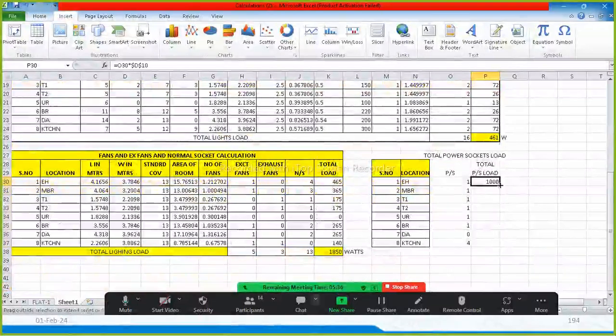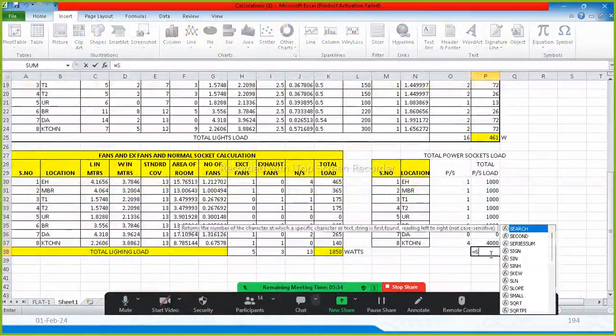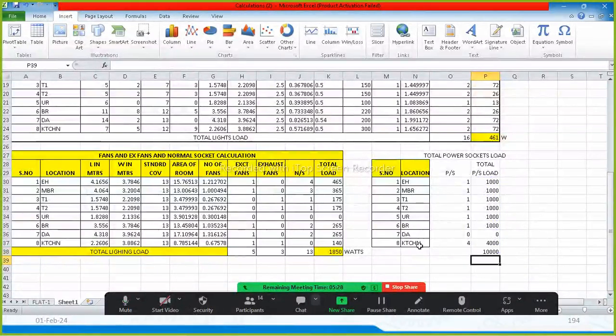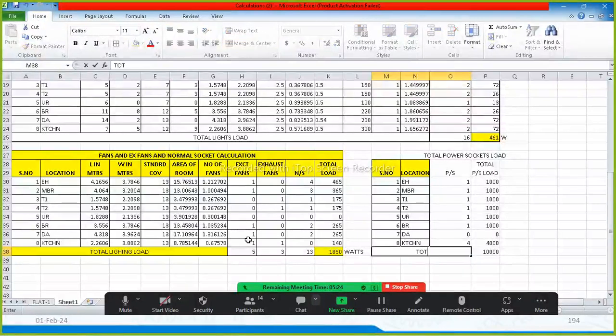Then I will get the total load, adding up the sum of all the loads.